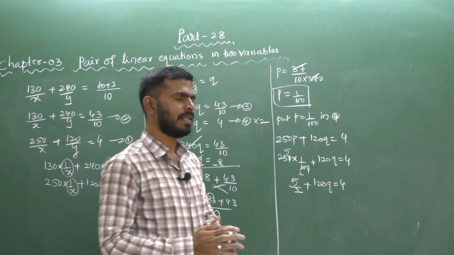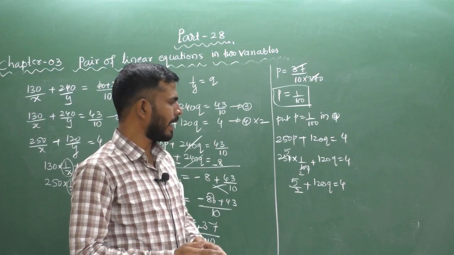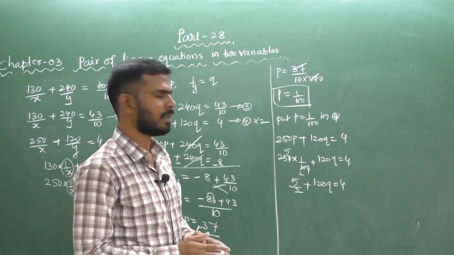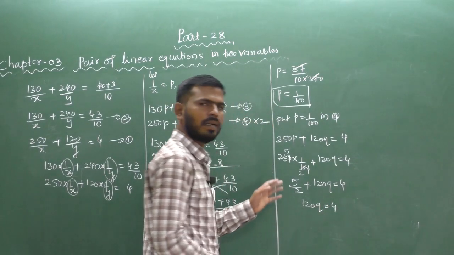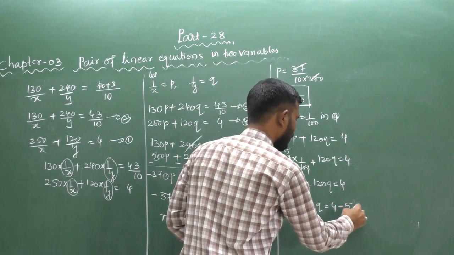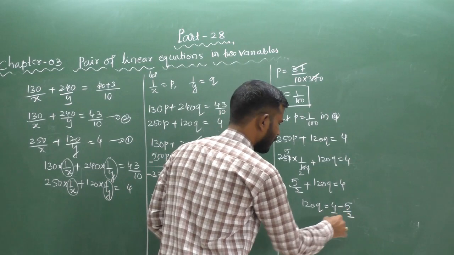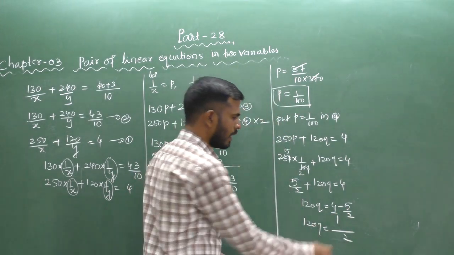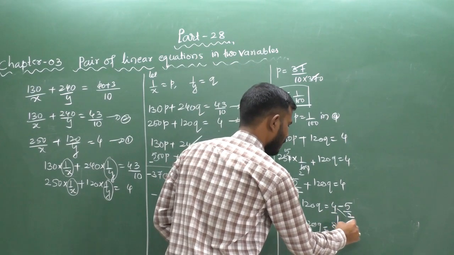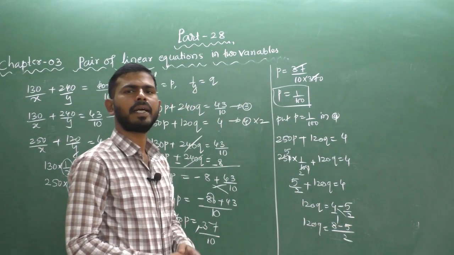Next step, you have to make the like terms on one side and the unlike terms on the other side, which means you will get 120q equal to 4 minus 5 by 2. Here there is nothing under 4, so 120q equal to, LCM is 2, cross multiplication: 8 minus 5.